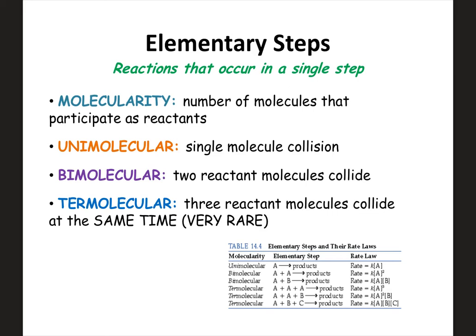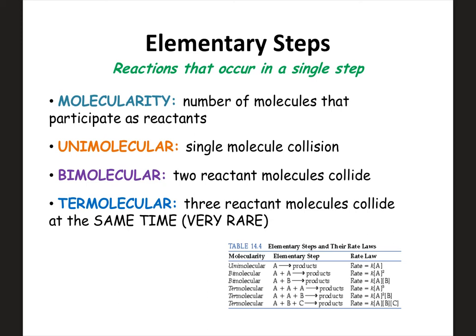A unimolecular reaction is when a single molecule is causing the reaction to take place. Bimolecular is when you have two reactant molecules colliding, and termolecular is where you have three reactant molecules colliding at the same time. This would be very rare.